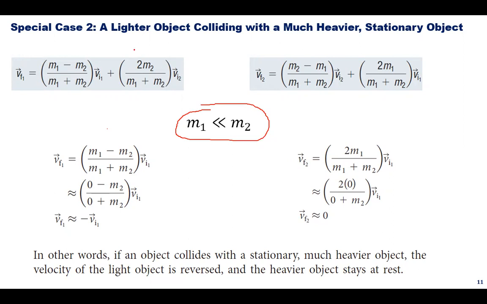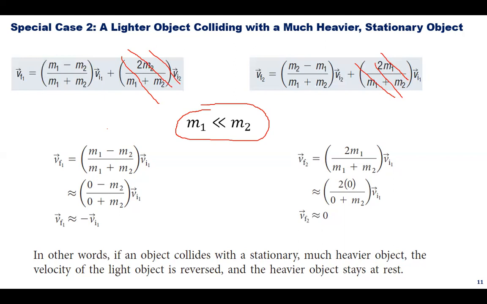If VI2 is 0, we cancel this term here, and also this term here. So the final velocity for object 1, VF1 equals (M1 minus M2) over (M1 plus M2) times VI1. Because M1 is much smaller than M2, this simplifies approximately to (0 minus M2) over (0 plus M2), which gives us VF1 approximately equal to negative VI1.